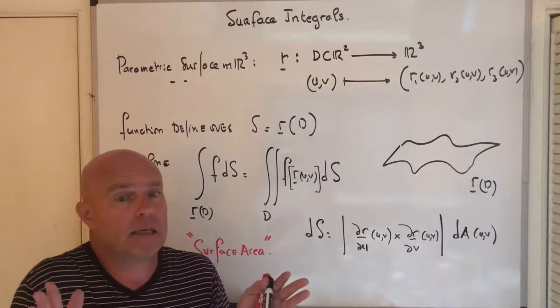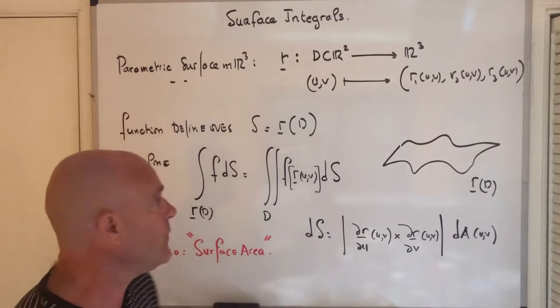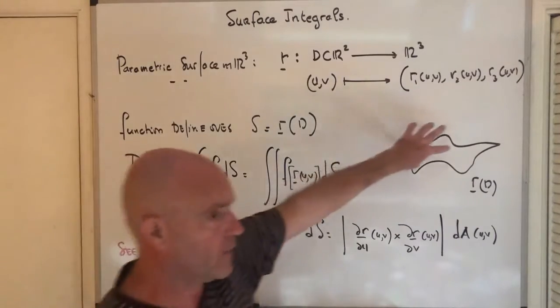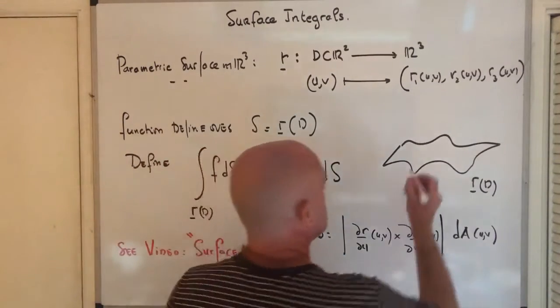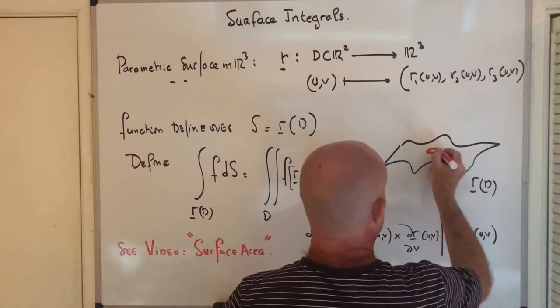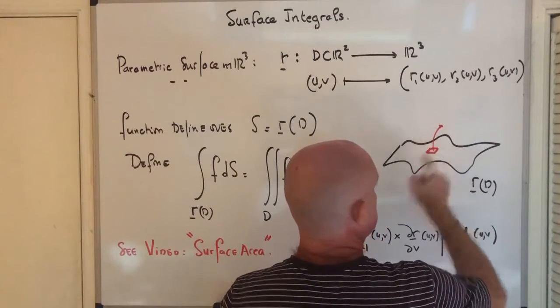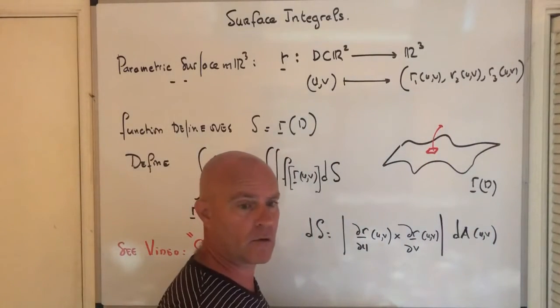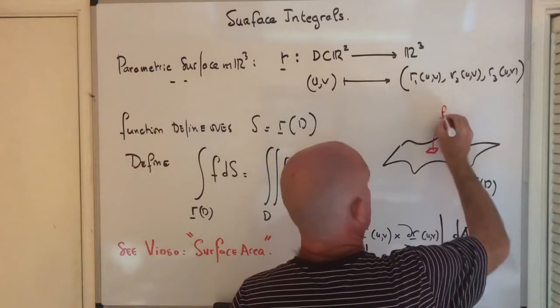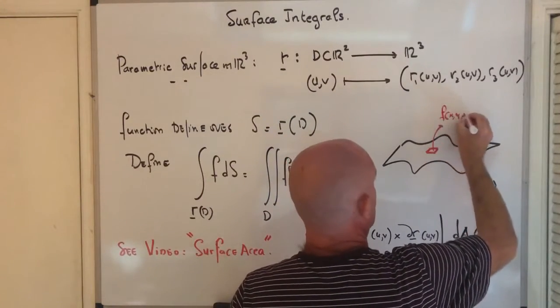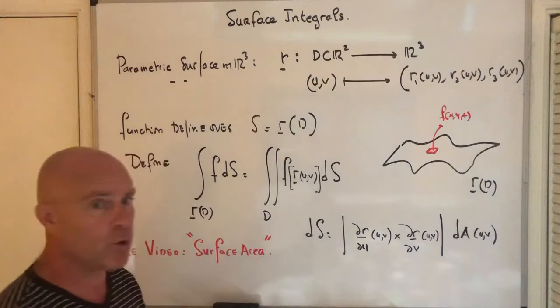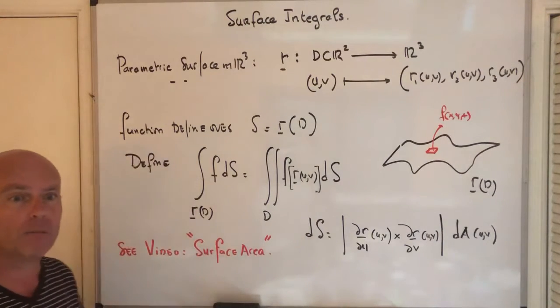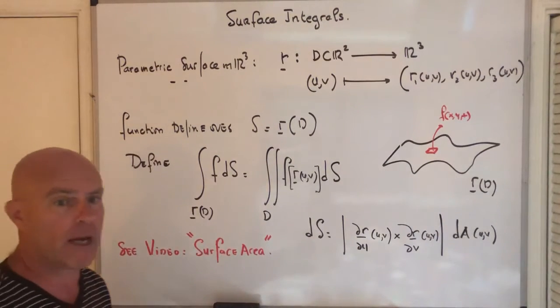I'm going to say exactly the same thing. What is a surface integral? You have a function which is defined above this surface. So for an element ds, I multiply this elementary surface area by the scalar f of x, y, z, and I add all those infinitesimal objects above each point x, y, z.